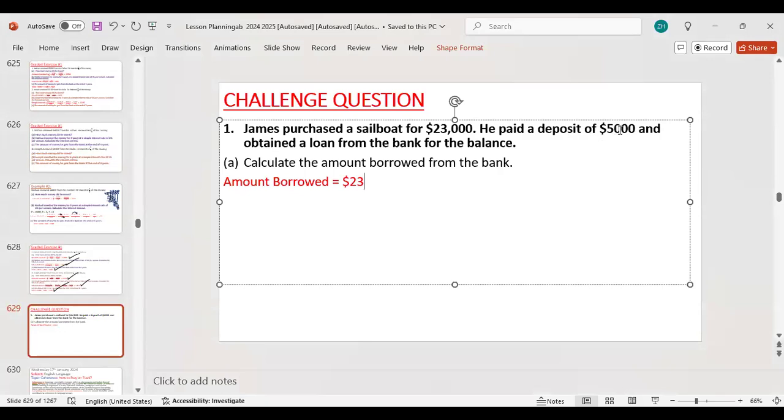He wants to purchase this boat, which is $23,000. He already put down $5,000, so we only need the rest from the bank. So the rest is 23,000 minus 5,000, which is 18,000.